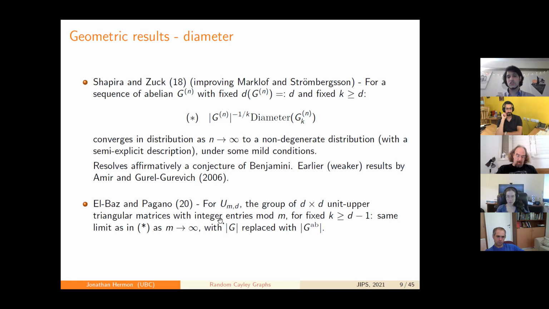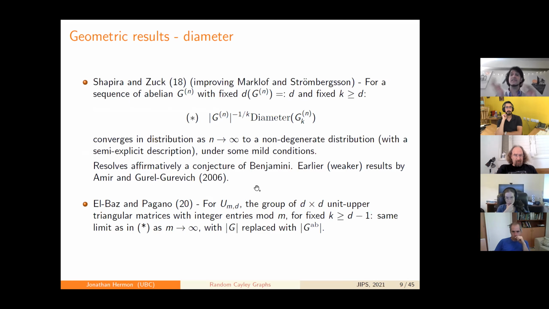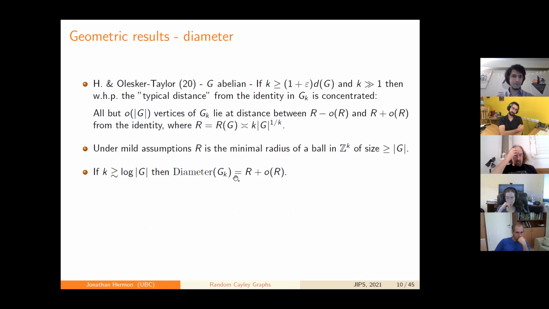They show a certain extension of this result with the same distributional limit, but instead of the size of the group, the relevant quantity is the size of the abelianization. This actually resolved the question that Sam and I asked in our paper. And this theme of replacing the size of the group by the size of the abelianization will repeat itself in this talk, in the nilpotent case.